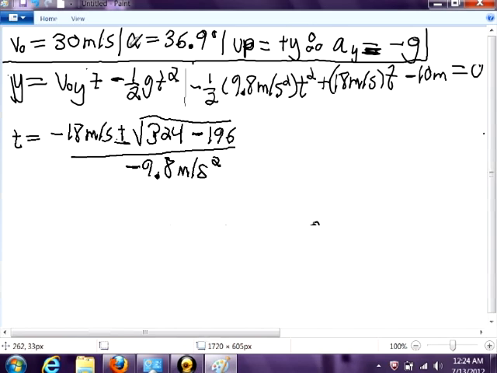Alright, so now we can just split this up. 18 divided by 9.8 is about 1.84.